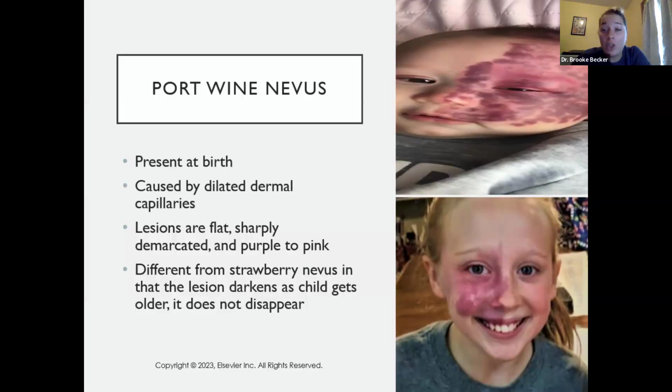They do now have lasers that they'll treat these with, like a skin laser, and that does help the appearance. Usually it still has some of the redness or the purple appearance, but it gets a lot better.